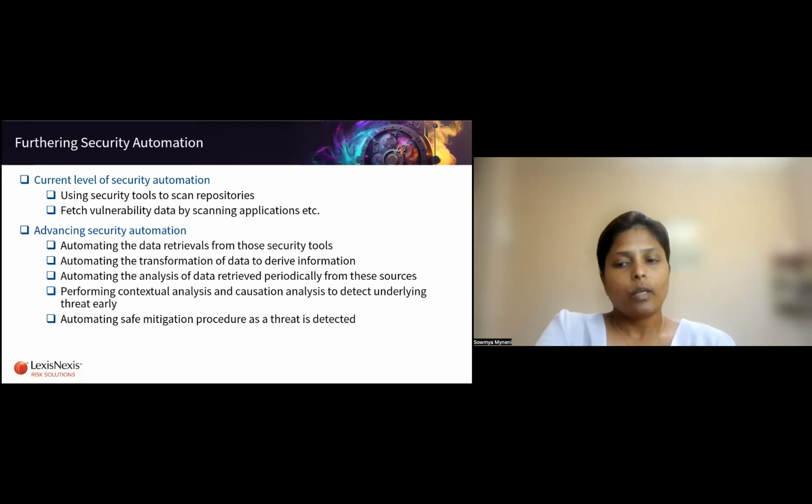So where in all this HPCC and Azure come in is to further the security automation, automating data retrievals. Of course, we are doing it through Azure, but the transformation happens in ECL because of the huge volumes of data.